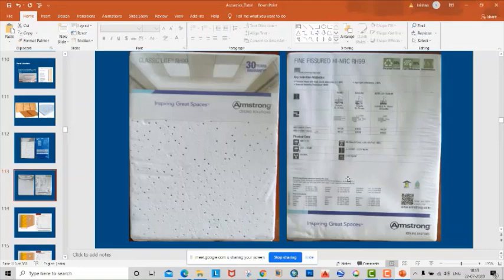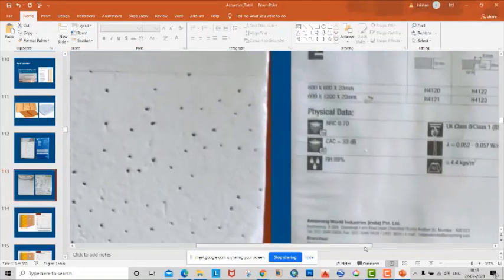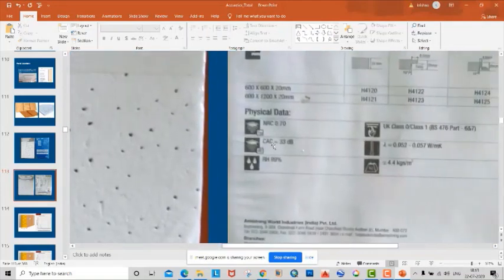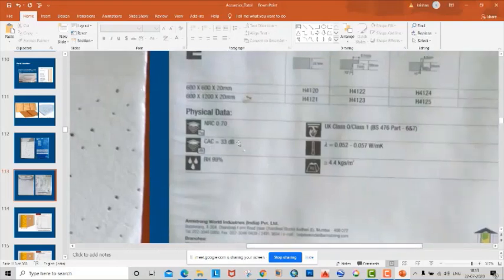If I zoom, I think the picture is not very clear, but let's try to see. Physical data, NRC, and CAC, again very important. We will see what CAC is when we design partition wall and ceiling also.